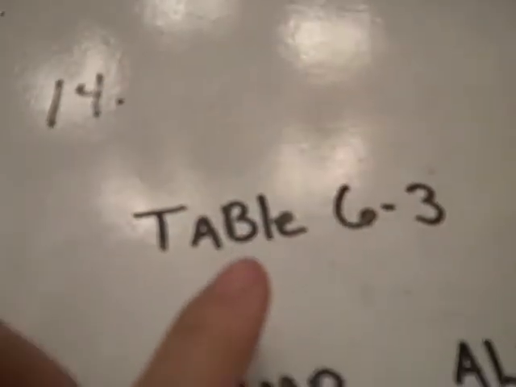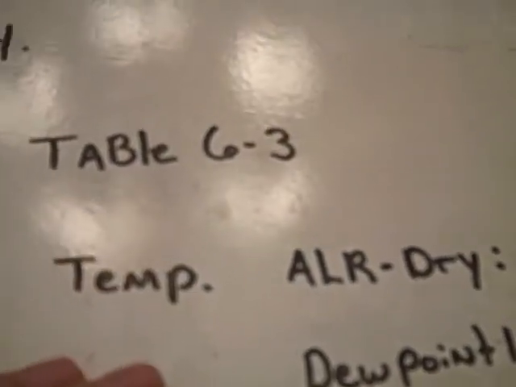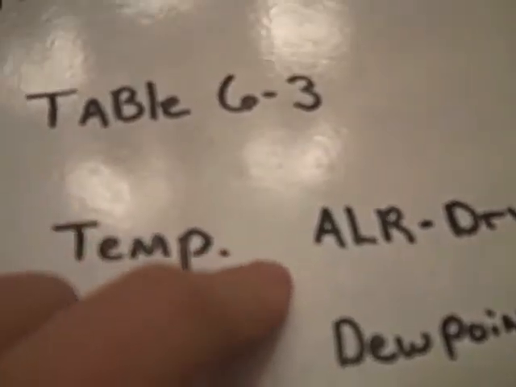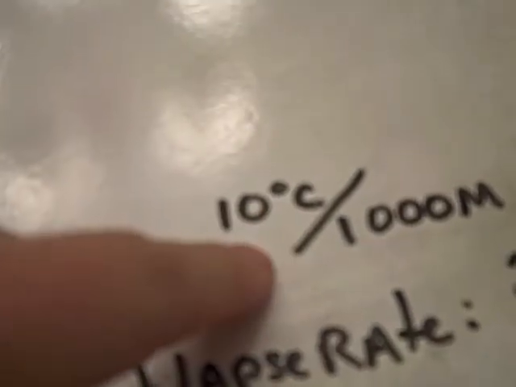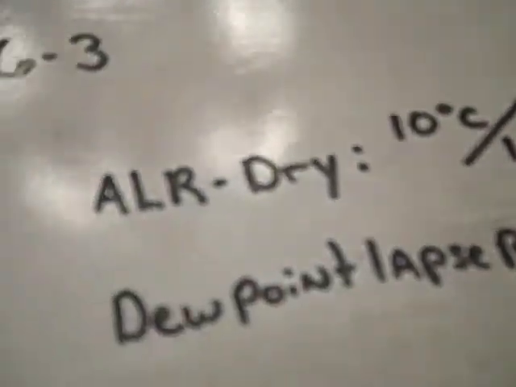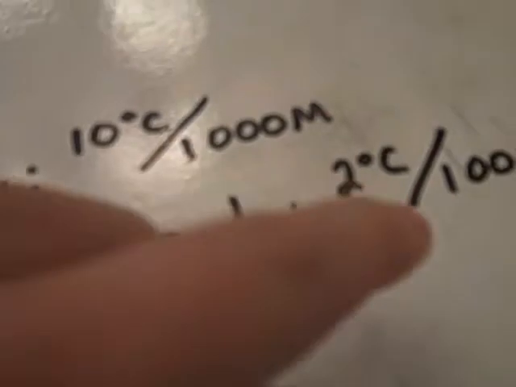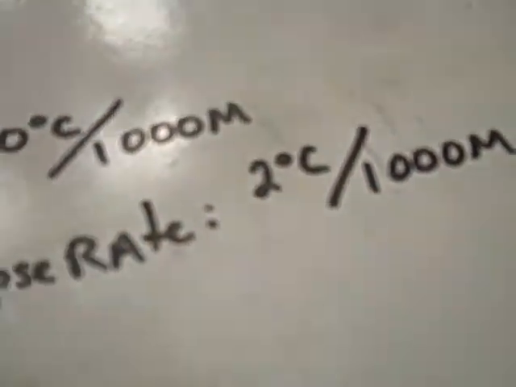All right, we're working on question 14, which talks about filling in table 6.3 on page 57. And just as a reminder for temperature understandings, the dry adiabatic lapse rate is 10 degrees Celsius every 1,000 meters, and the dew point lapse rate is 2 degrees every 1,000 meters.